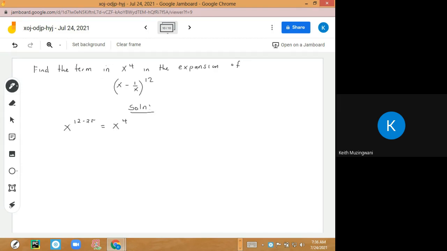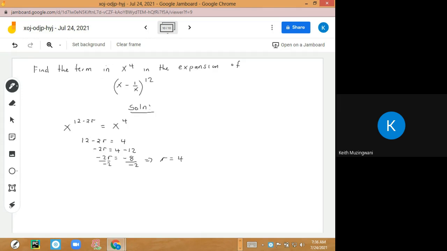This is only possible when 12 minus 2r is equal to 4. So negative 2r is equal to 4 minus 12, which is negative 2r is equal to negative 8. Divide by negative 2, so we are getting r is equal to 4.